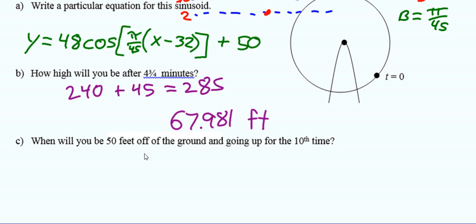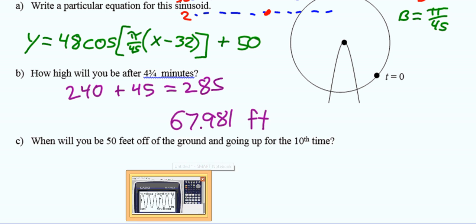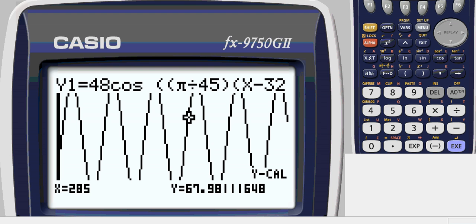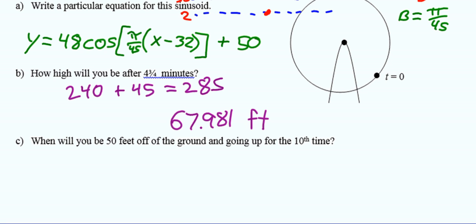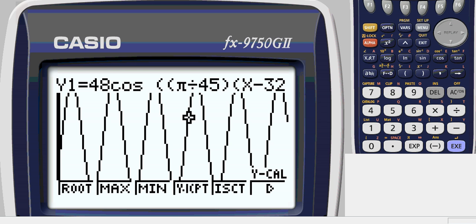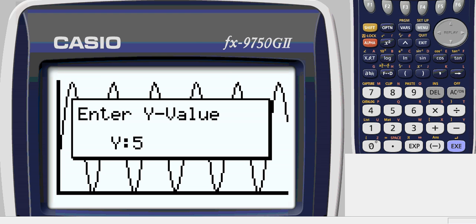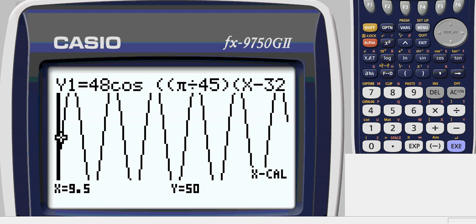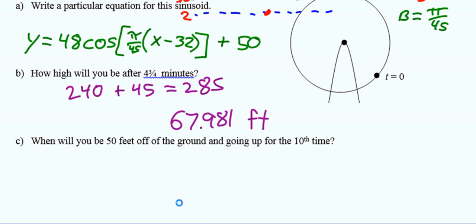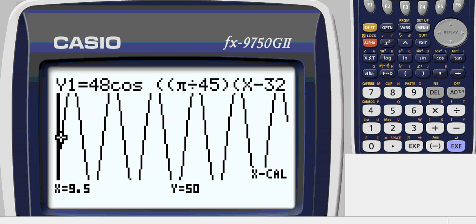And when will you be 50 feet off the ground going up for the 10th time? So that's going to be an x-calc. And we want to know 50 feet. And it says going up for the 10th time.